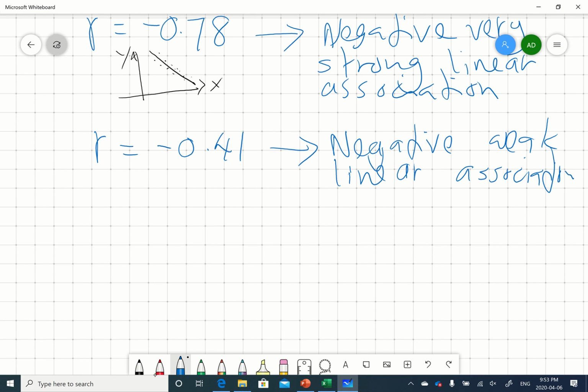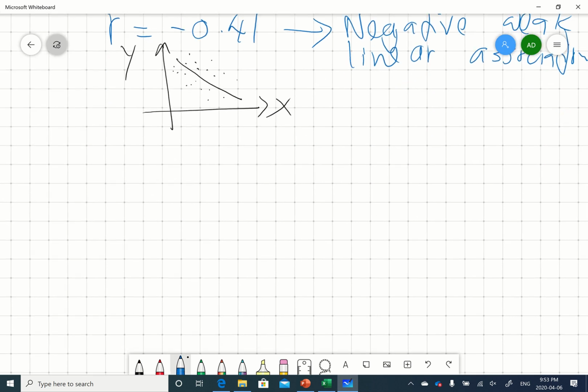That means, if I think about the scatter plot, weak linear association means, here's your straight line. It's going downwards, but it's not really closely gathered around your straight line. It has more spread around it, but overall it seems like it's moving downwards, but it's not a very strong linear association.